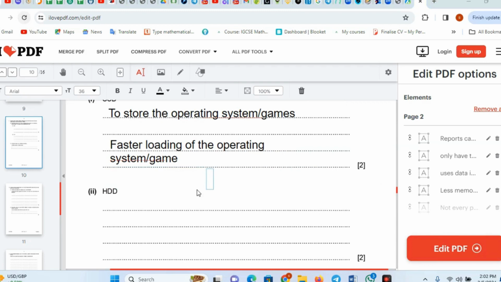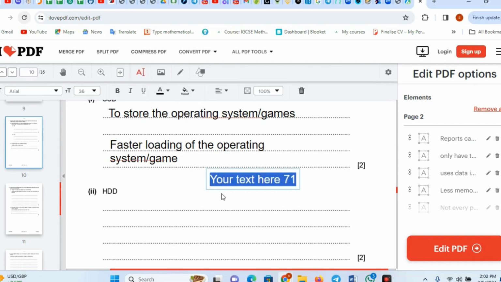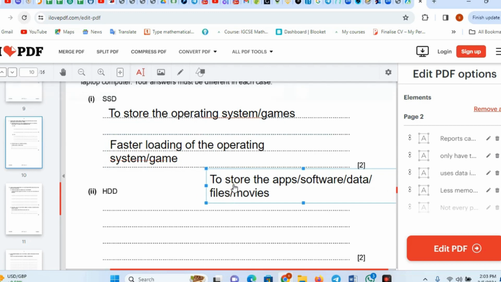Now for the HDD, we said it is used to store the apps, software, data, files, or movies, etc. All these can be stored using your HDD.